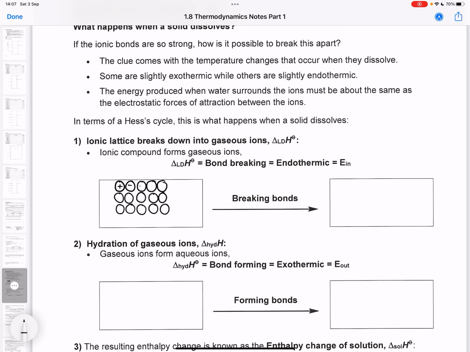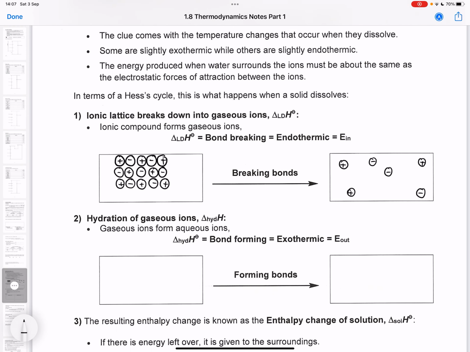So we're going plus, minus, plus, minus, plus in an endlessly repeating lattice. Now, in order to dissolve that, we need to break apart those really strong electrostatic forces of attraction. So we've got to break the ionic bonds and allow the ions to separate from one another.